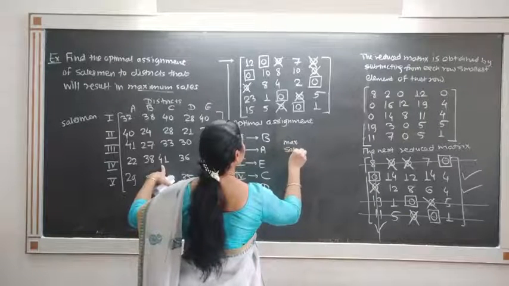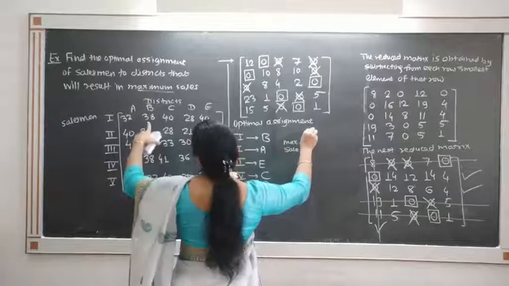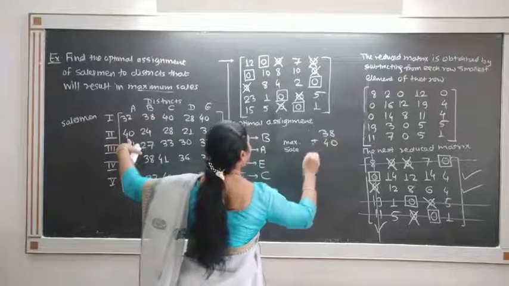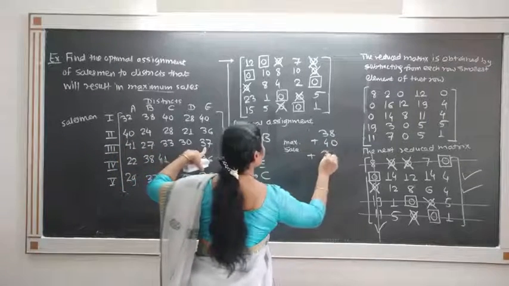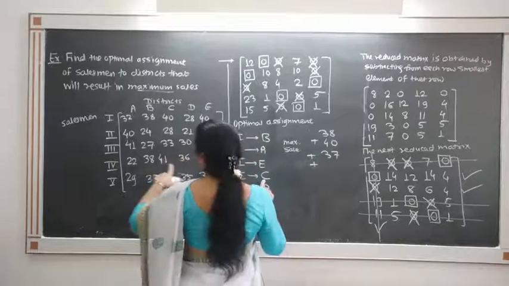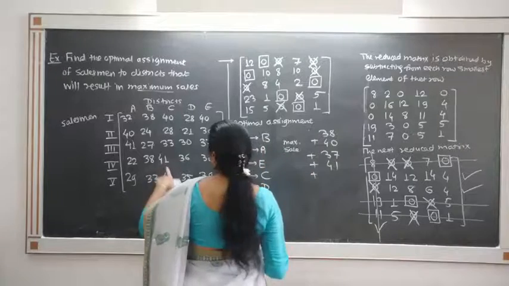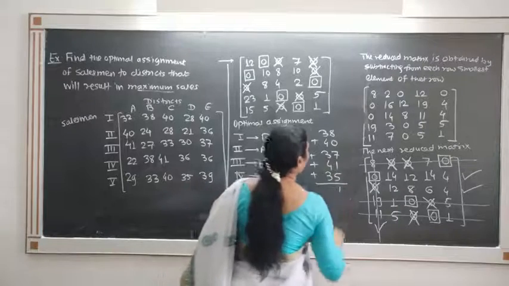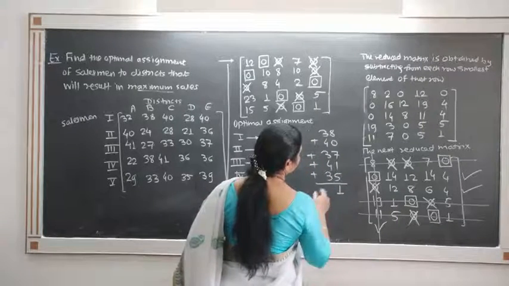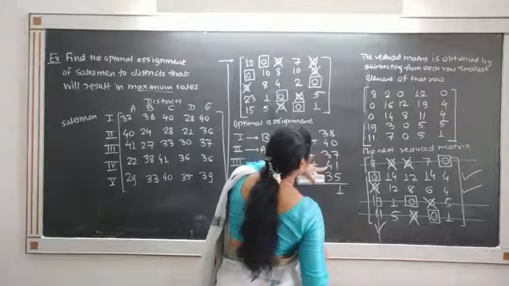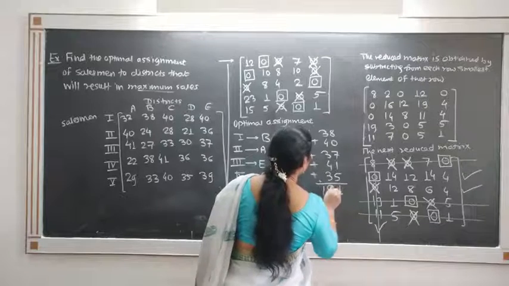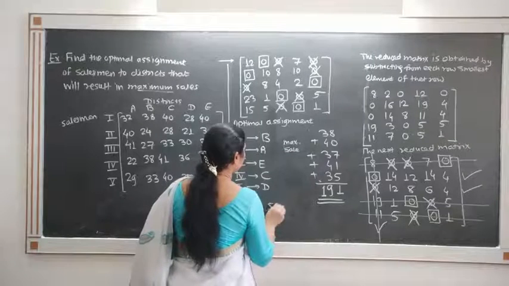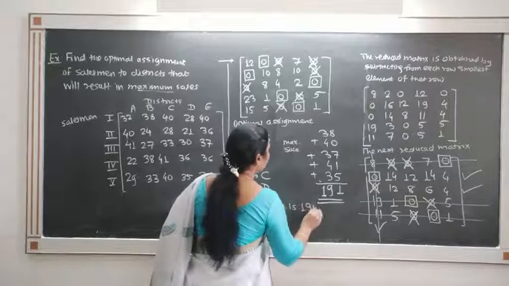For B, that is 38, plus for A 40, plus third E that is 37, plus fourth C that is 41, plus fifth D that is 35, which gives $191. So the maximum sale is 191 rupees.